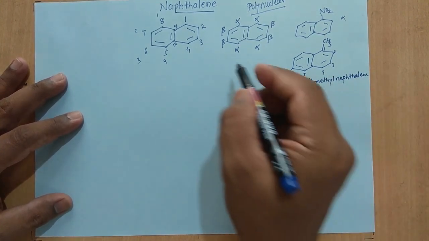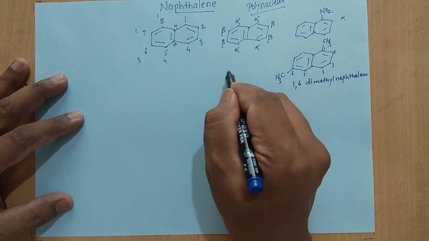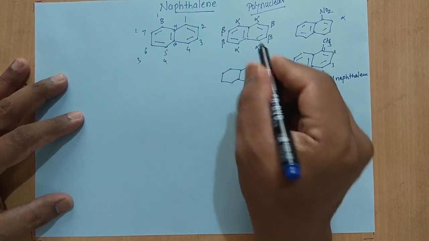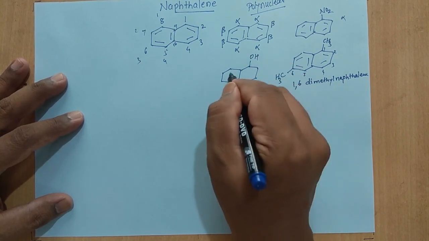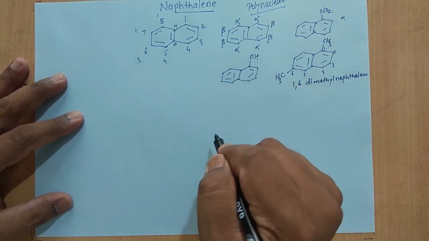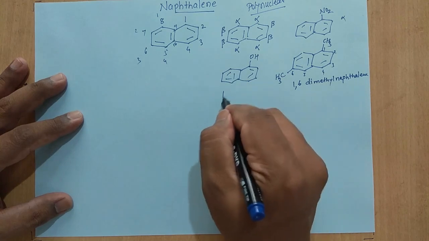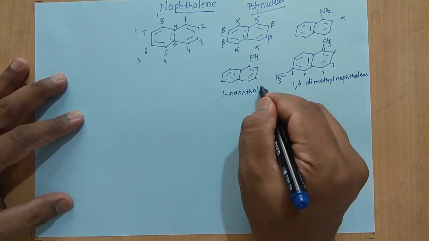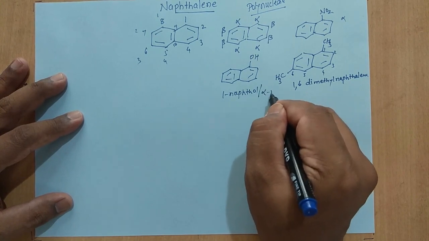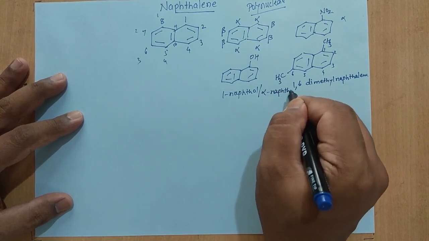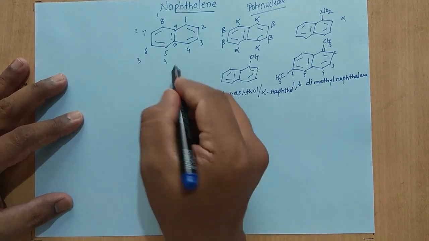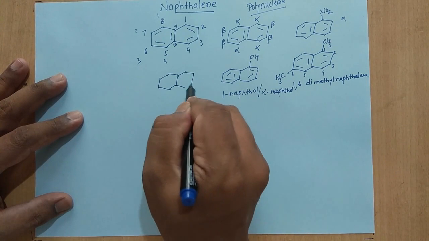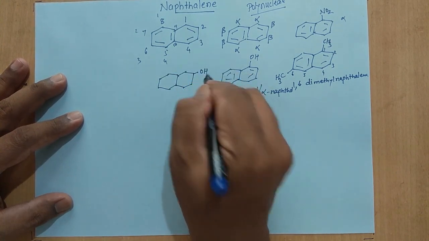Similarly, one of the compounds usually present in our laboratory is this one. It is called 1-naphthol, or we can also call it alpha naphthol. What will be the beta naphthol structure? Beta naphthol will be like this.